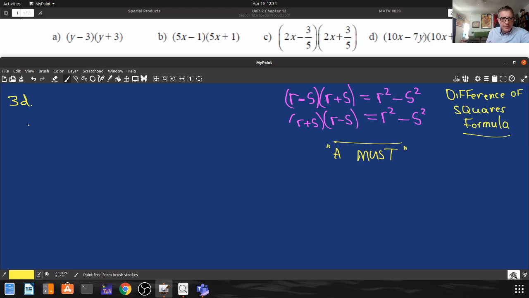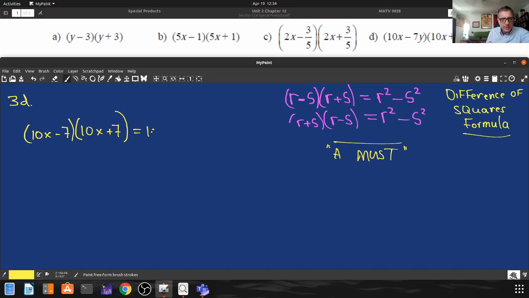And we have 10x minus 7 times 10x plus 7. So clearly these are two binomials. The only difference is the sign between the two terms.